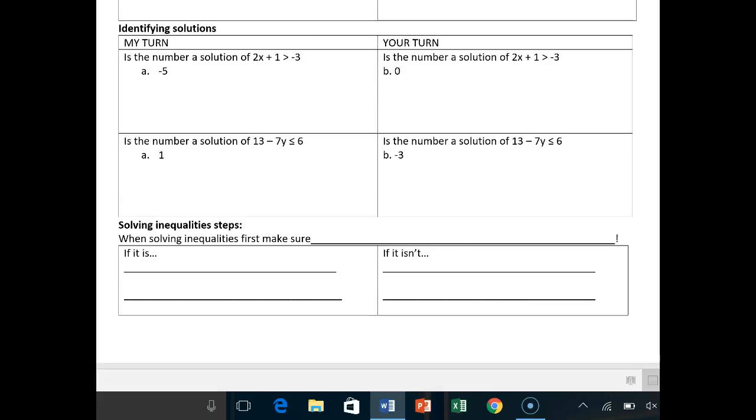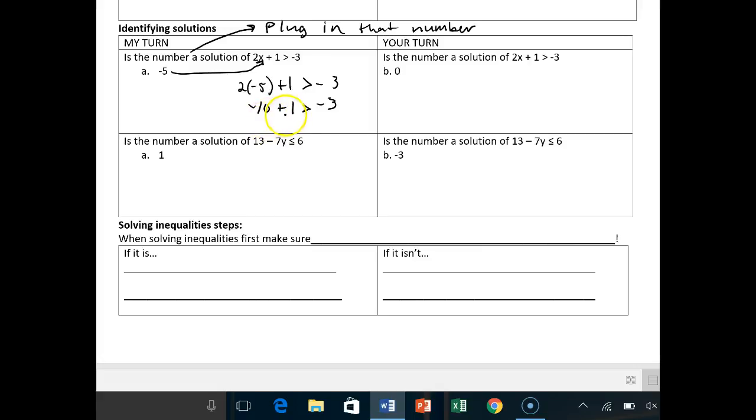All right, identifying solutions. Whenever it says is the number a solution, this is code for plug in that number. Basically, you're going to ask yourself the question, if I plug it in, does it make it a true statement? So I'm going to take negative 5 and plug it in right there. So 2 parentheses negative 5 plus 1, is that greater than negative 3? Well, I get negative 10 plus 1, is that greater than negative 3?